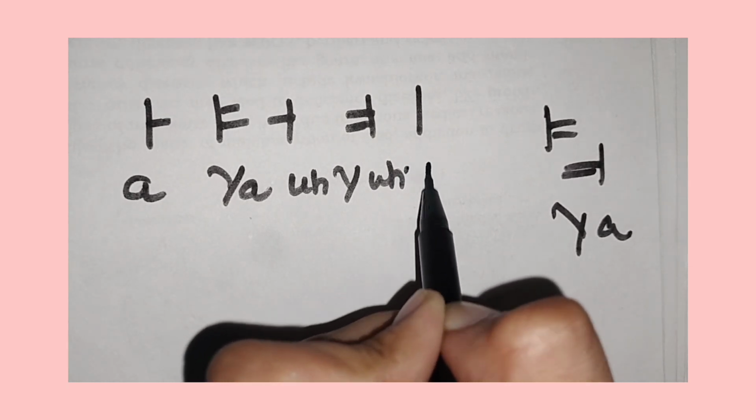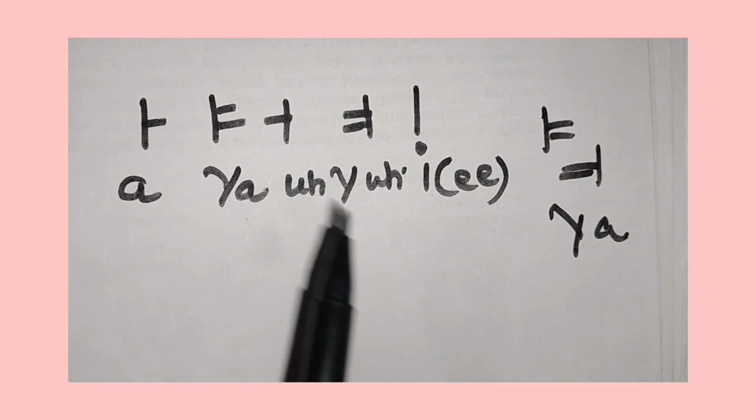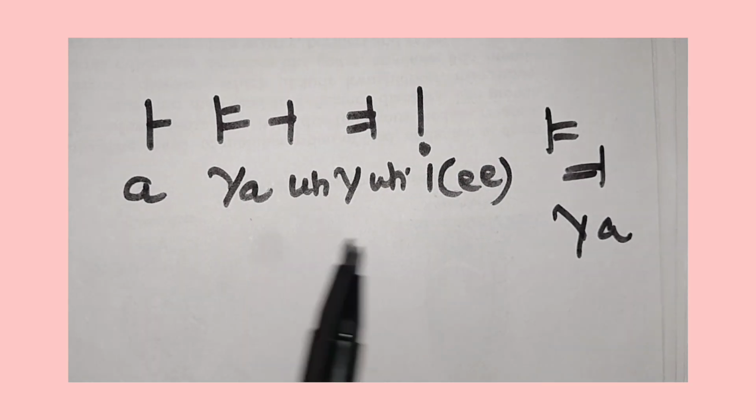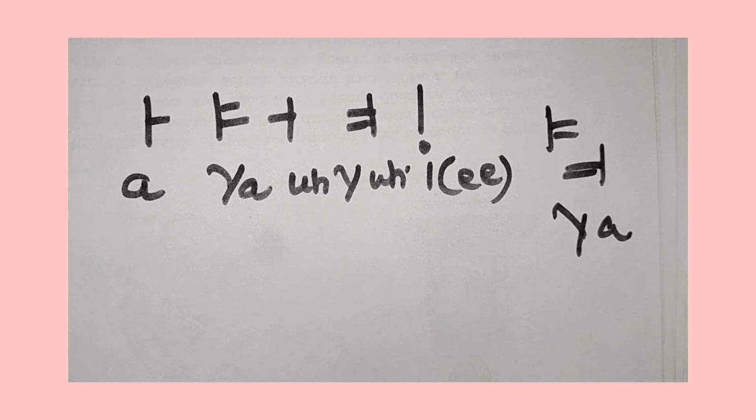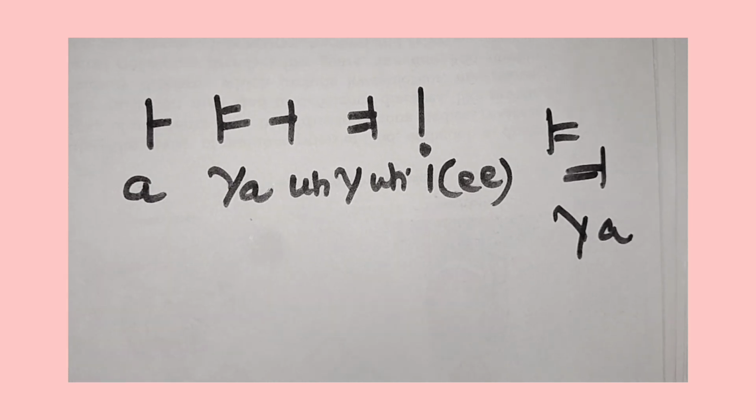And this one is eo. It's not I, it's eo. And now you know how to read them. So let's read it together. The first one was ah. It has one vertical line and a second horizontal line.